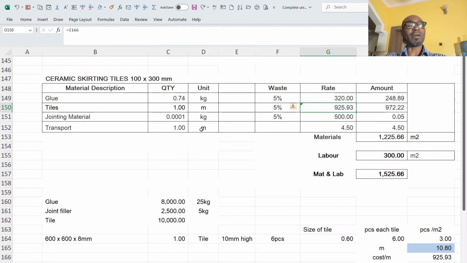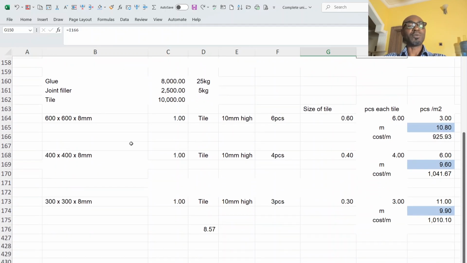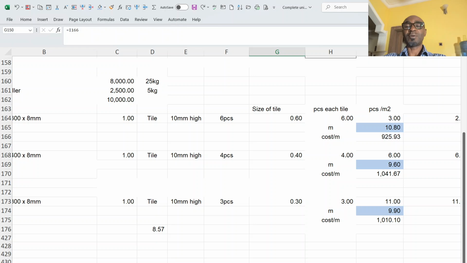So I believe I've been able to increase our understanding on how to build up rate for skirting, considering the fact that you can't get the factory made skirting in the market.